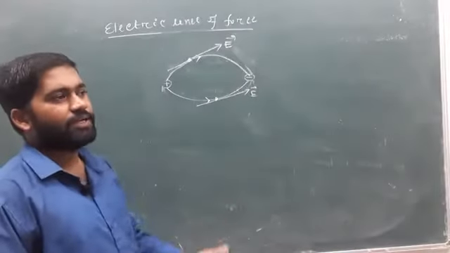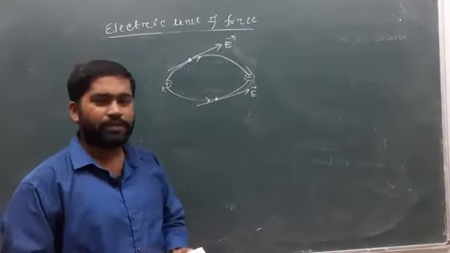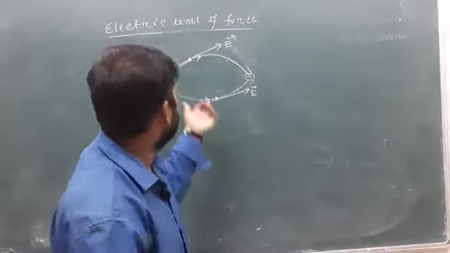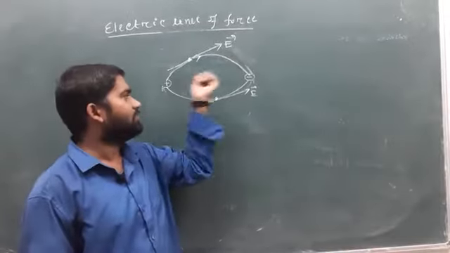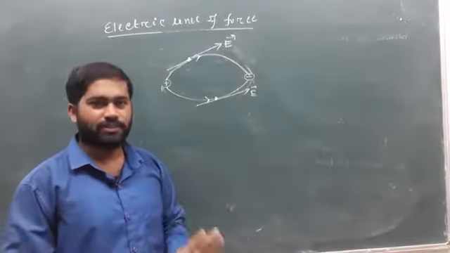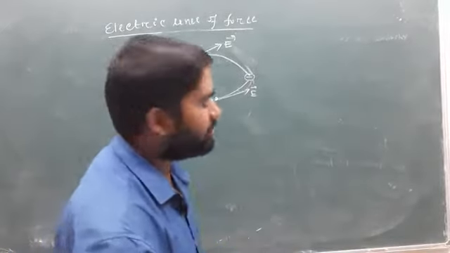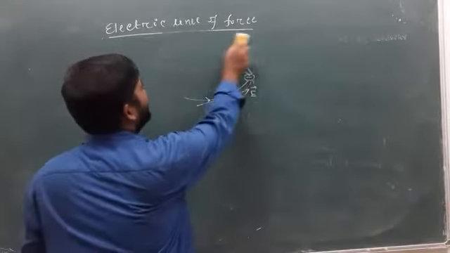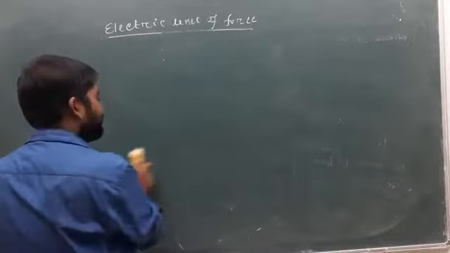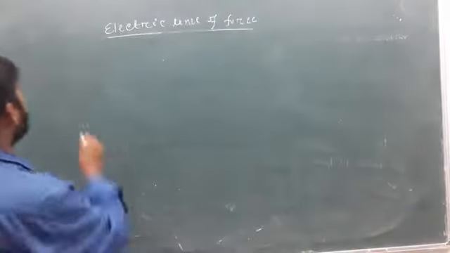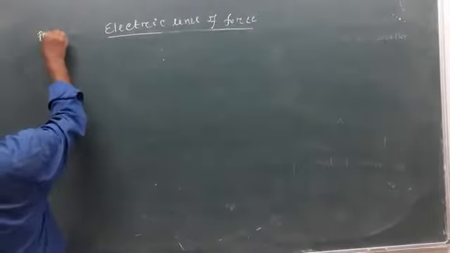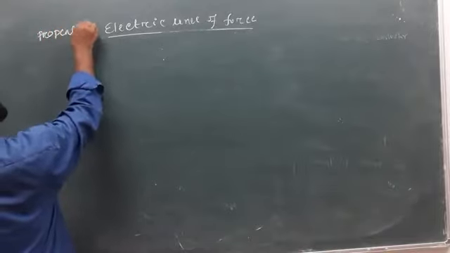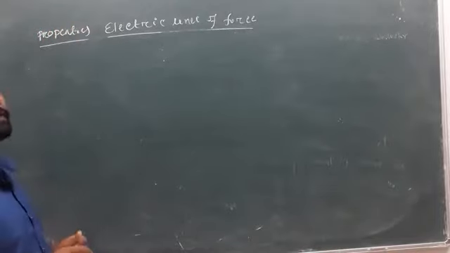Electric lines of force always start from the positive and end at the negative charges. So let us discuss the various properties that electric lines of force possess. Properties of electric lines of force.